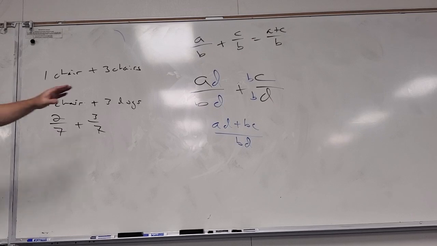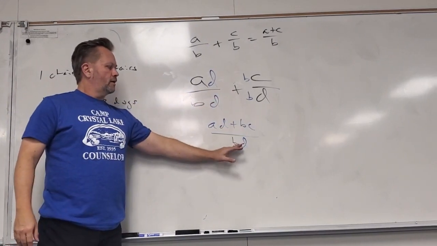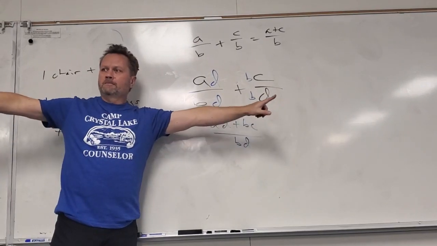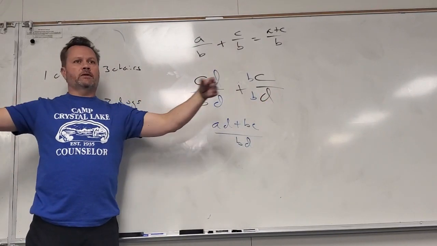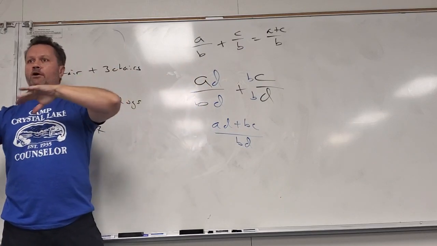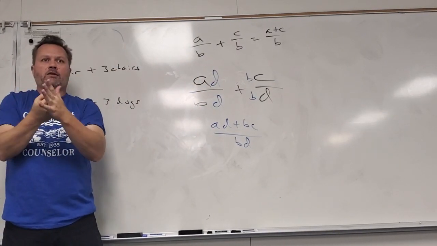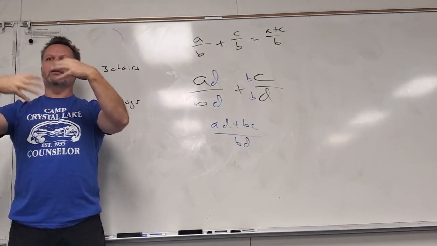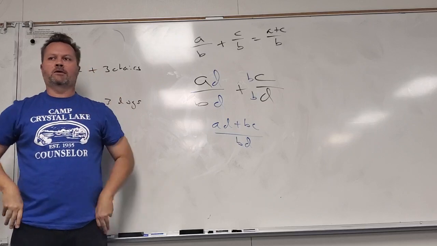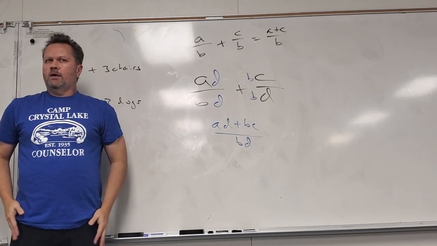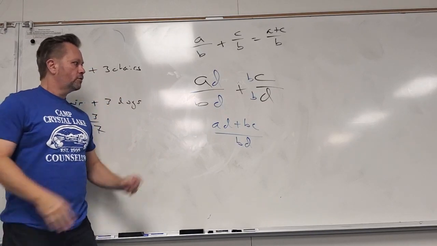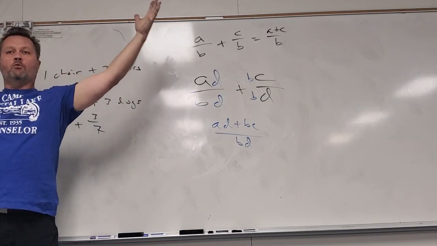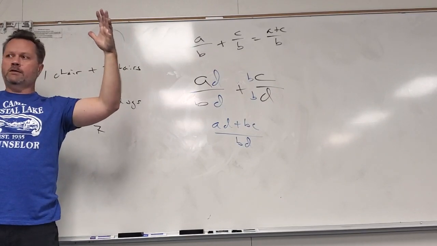So this is the correct way to do it if B and D are relatively prime. If I do 1/7 plus 1/8, it will be over 56 because they both need each other. If they share something already, they don't both need the other fully. They just need part of the other one, right? So this is a correct answer, but it could make all the numbers get way bigger than they have to be, right?